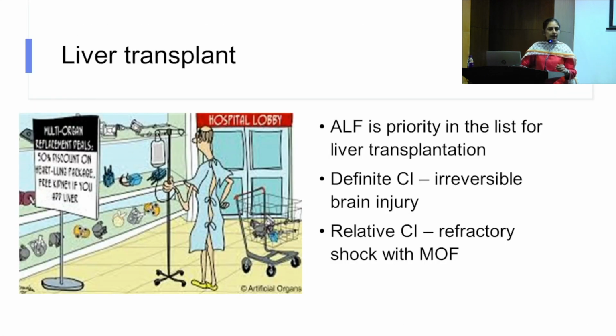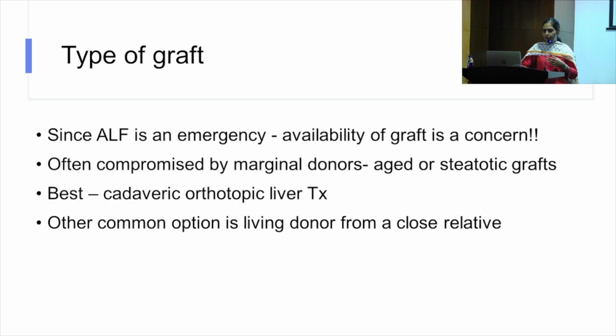So yes, liver transplant is a concern to get an appropriate donor, and ALF becomes a priority in the list for liver transplant. The definitive contraindication for liver transplant is when there's raised ICP and severe brainstem dysfunction. Relative contraindication is if the patient is in shock or multi-organ failure.